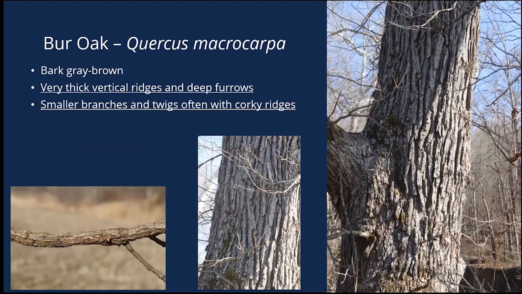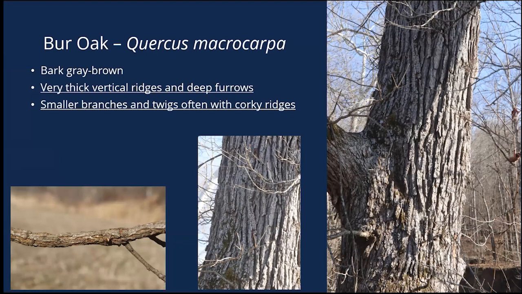In terms of bark, it's going to be one of the darker barks of the white oaks, almost a dark gray brown, usually very, very thick, with deep furrows and high, thick ridges that run a long way. So deep furrowed, thick ridged, really thick, heavy bark is a good way to describe Bur Oak bark.